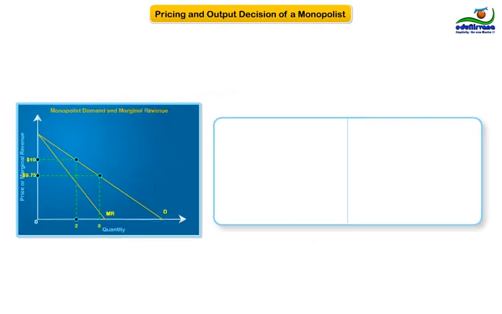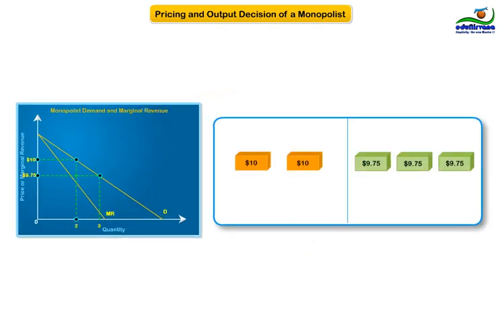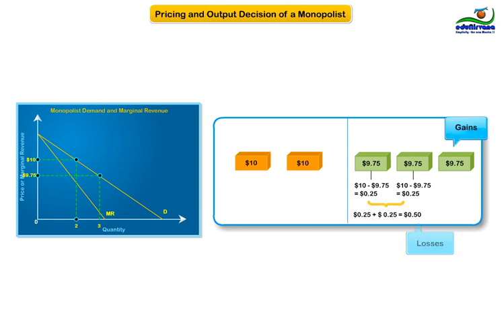A monopoly seller both gains and loses by lowering price. As the exhibit shows, the monopolist in our example gains $9.75, the price of the additional unit sold, because price was lowered. It loses 50 cents: 25 cents on the first unit it used to sell at $10, plus 25 cents on the second unit it used to sell at $10.